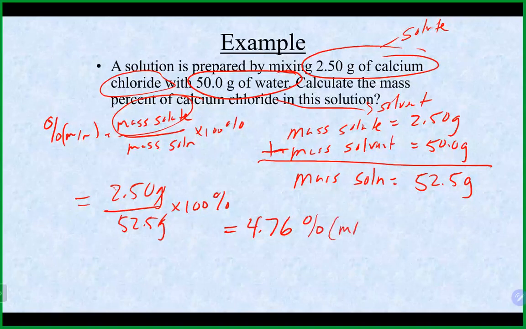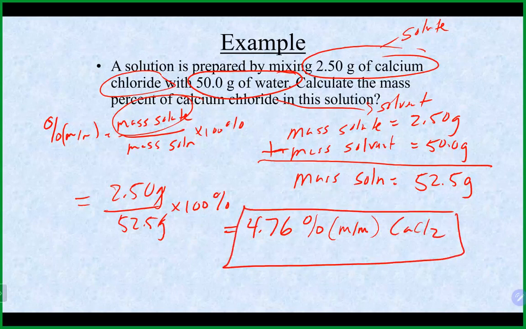Usually do parentheses mass to mass in there. And then if you want, you could put calcium chloride at the end there. That's there. Any questions on that there? All right, let's take a look at another one then and see.